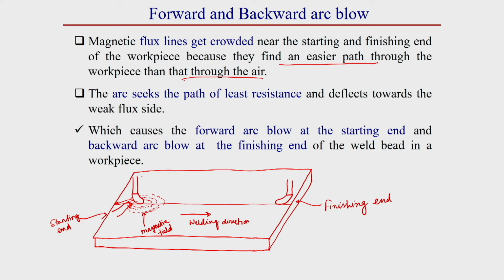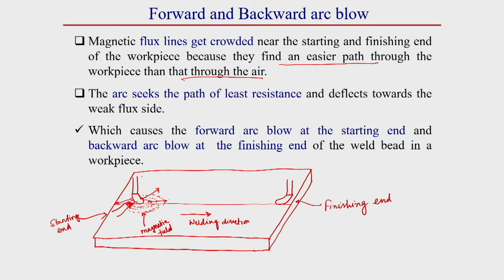So here on this side we get less resistance than on this side. Due to this less resistance, generally the arc seeks the path of least resistance. That is why at the starting end the arc deflects in this direction.